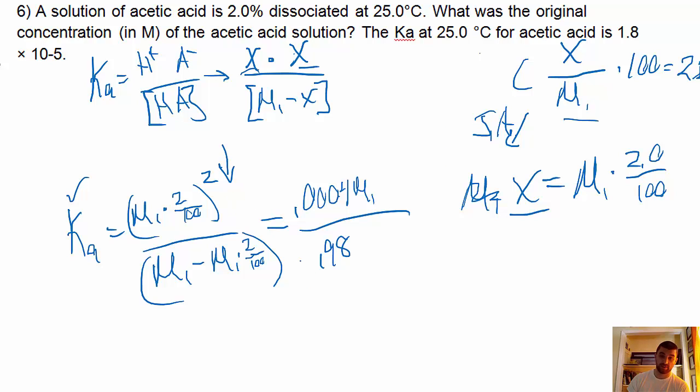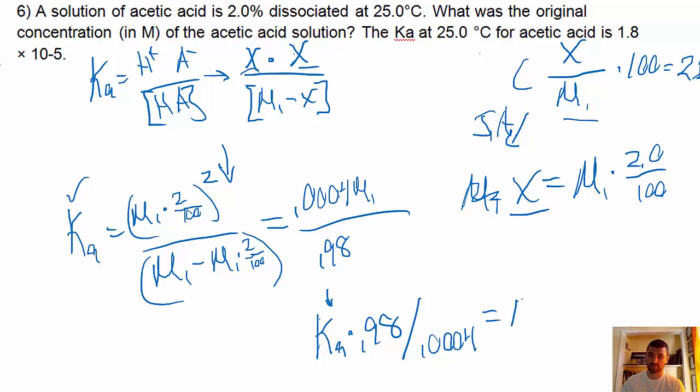So now I get M1 by itself, right? So it's Ka times 0.98 divided by 0.0004 equals M1, and I plug and chug, and I get 0.0441 molar as my final answer.